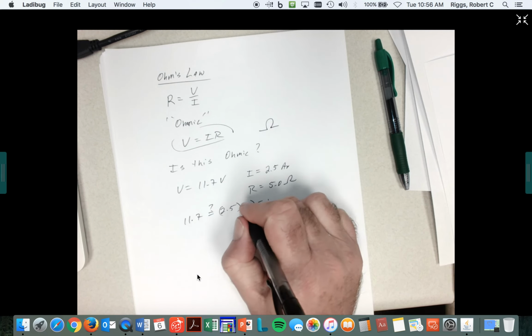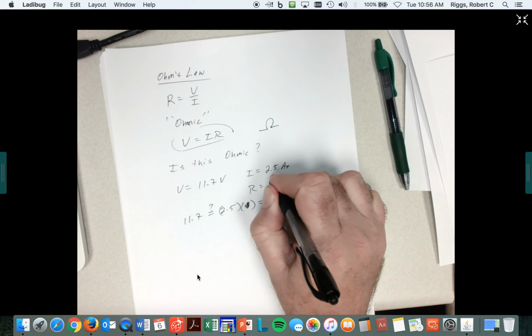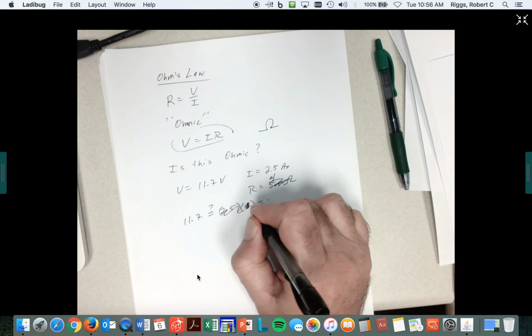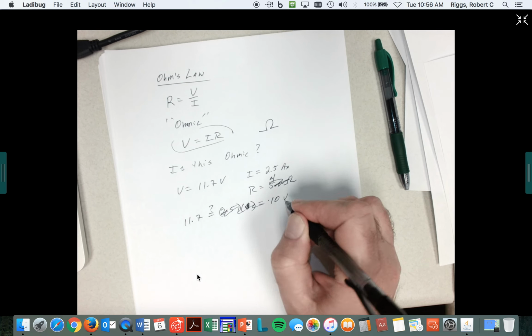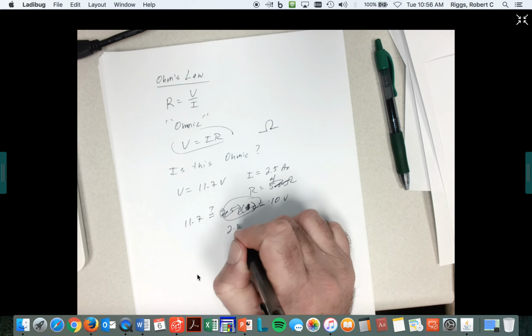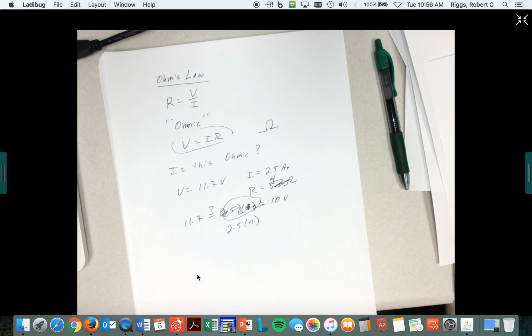Let's say this is times 4. Then this would be 10 volts. The potential here is 10, so it's 2.5 times 4. Sorry about that. But you see, so this one is no.